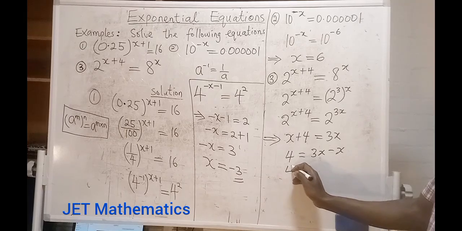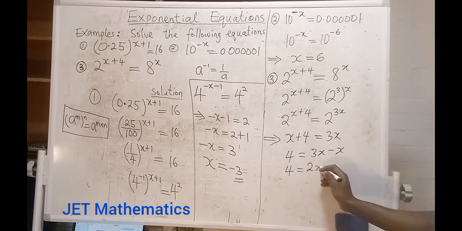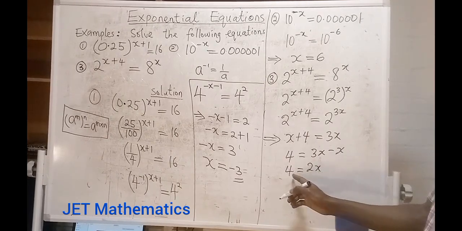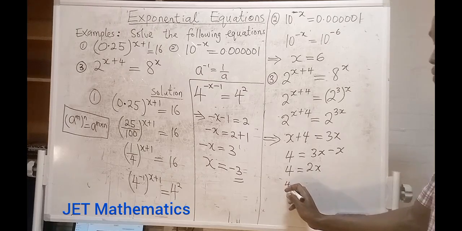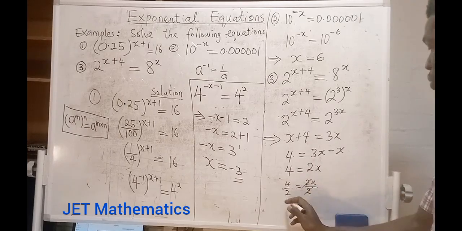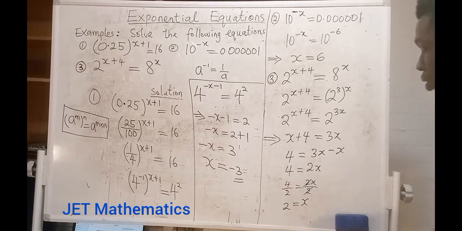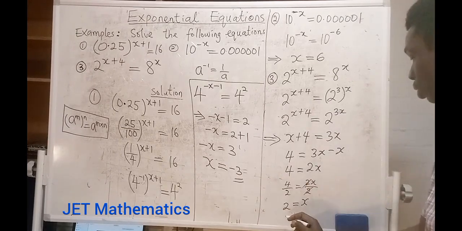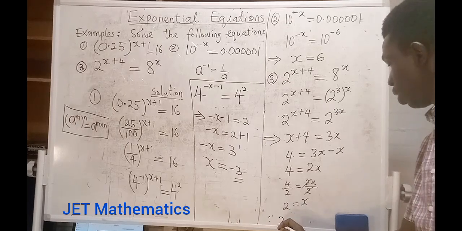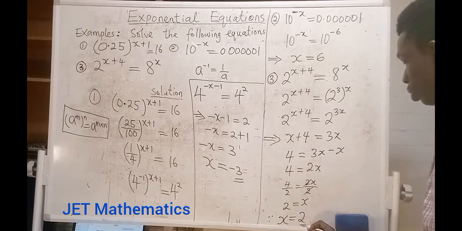So here we have 4 is equal to 3x minus x, which is 2x. So we divide both sides by 2, so we have 4 over 2 is equal to 2x over 2. So 2 cancels with 2, and 4 divided by 2 is 2, which is equal to x. So we can write it the other way around by saying therefore x is equal to 2.